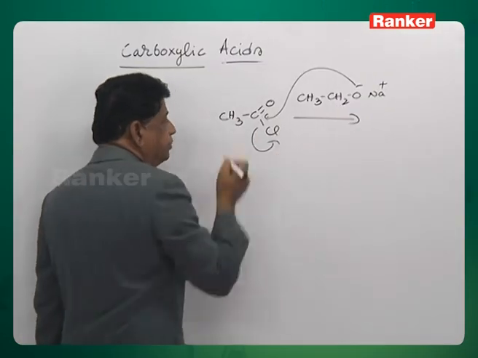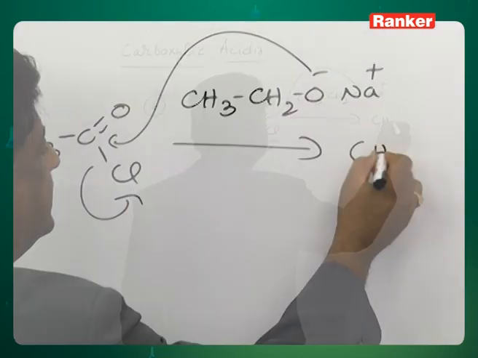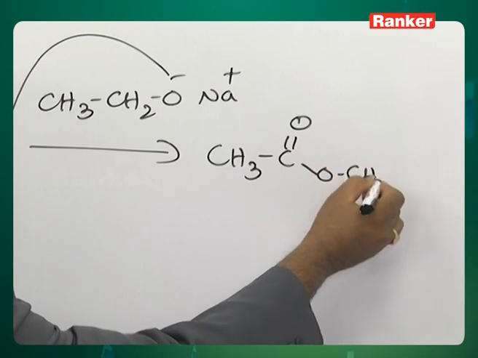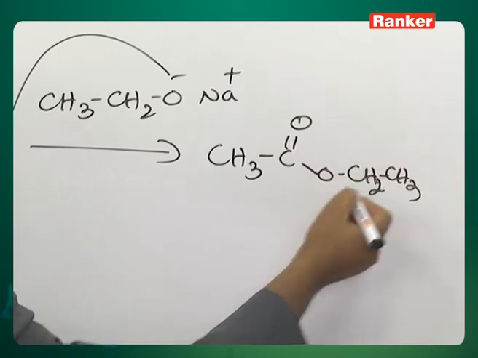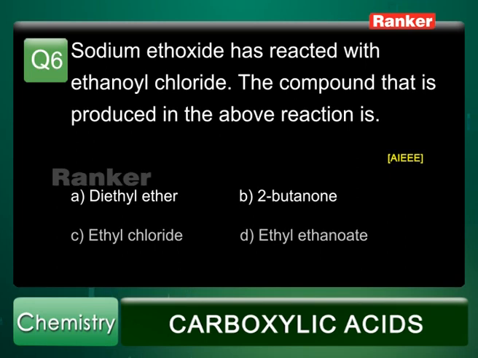It is a nucleophilic substitution at the acyl carbon and will give an ester, CH3COOCH2CH3. Ethyl ethanoate or ethyl acetate is formed. This is the reaction involved. He is asking for the compound that is produced in the above reaction.